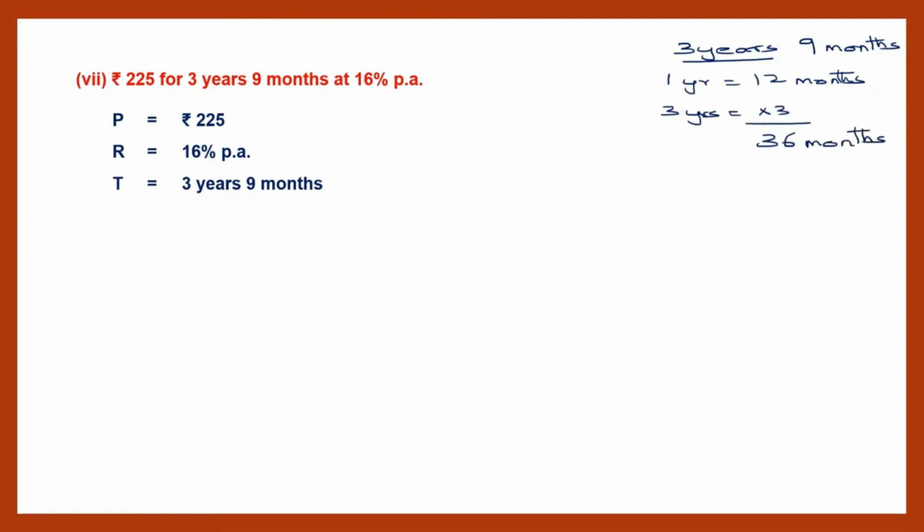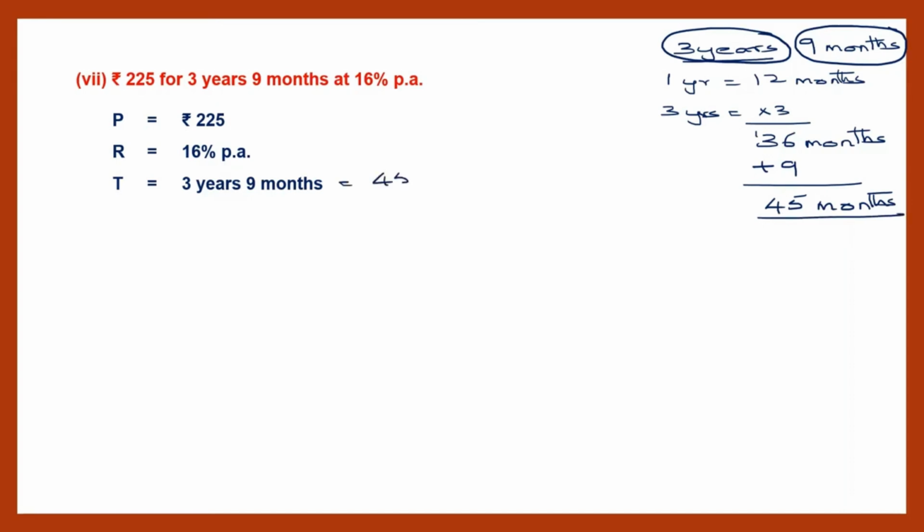So we finished converting 3 years to 36 months. Now this 9 months we are simply going to add because it's already in months. 36 plus 9. 6 plus 9 is 15. Carry 1. 3 plus 1 is 4. 45 months. So now we have it all in months. So this is 45 months.